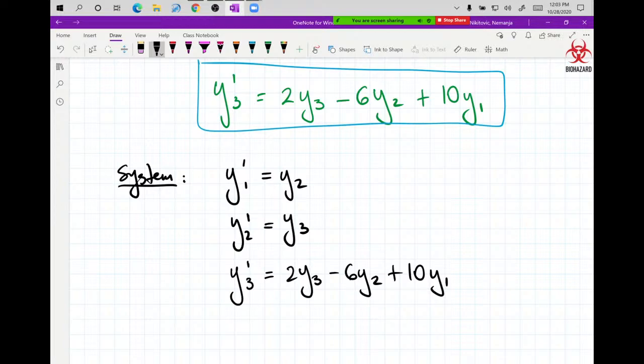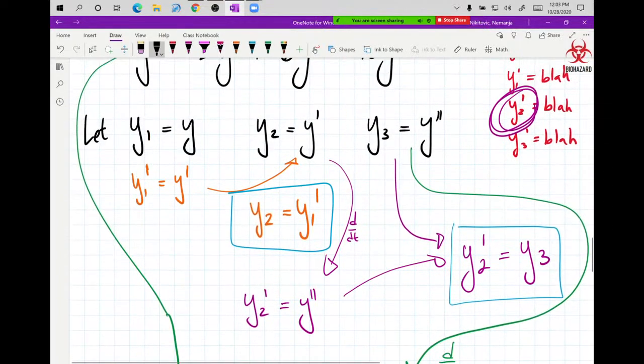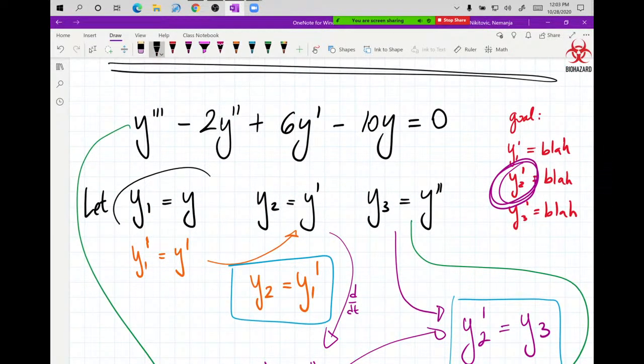And guess what? Once you find your y1, that's your y. That's the answer, right? Because the original problem is only looking for y, but your y is equal to y1. So as soon as you find y1 from your system, you have your y, which is the solution to the original problem.